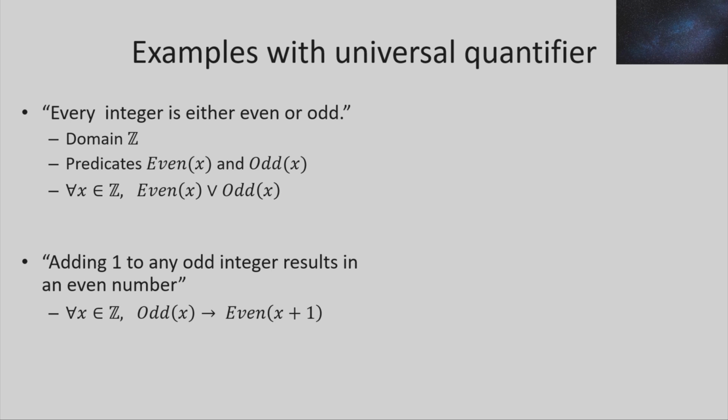And as you see here, in even, instead of x, I put x plus 1. And this is an okay thing to do because even takes values from the domain of integers. And if x is an integer, then x plus 1 is also an integer. So it is okay to replace whatever variable it is in even with x plus 1. So for every integer x, if x is odd, then x plus 1 is even.